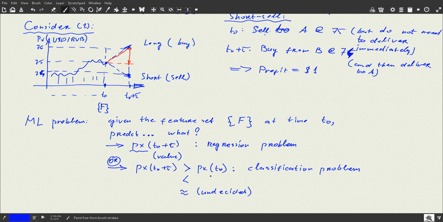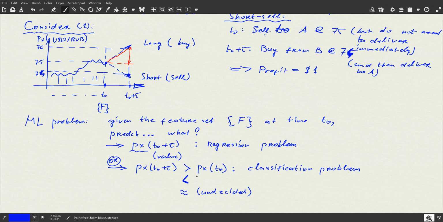So our classification problem may not be able in some situations to tell whether it's going to be a significant price movement, in particular because you remember that the prices cannot be arbitrary. The prices are all around the price step.